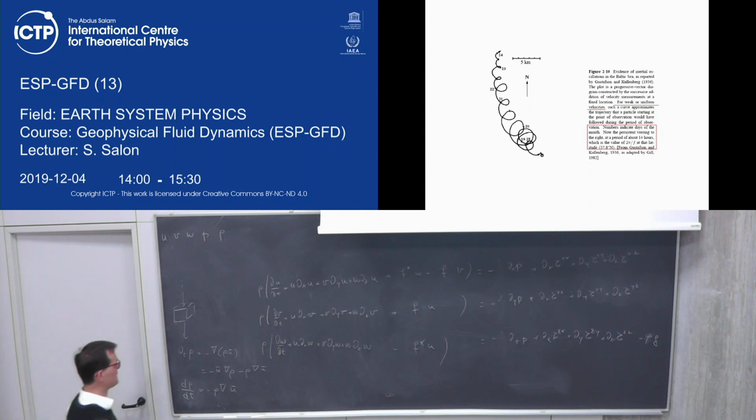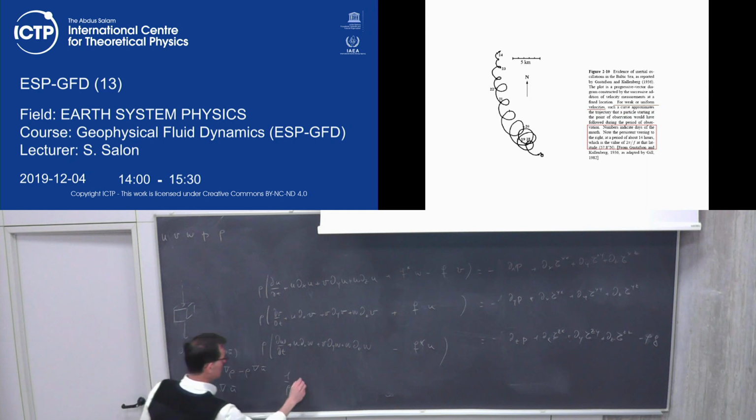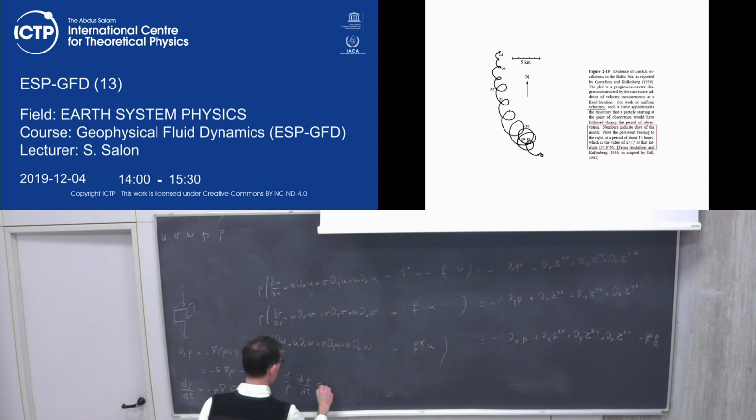And this can also be written like 1 over rho d rho dt, which is equal to minus divergence.